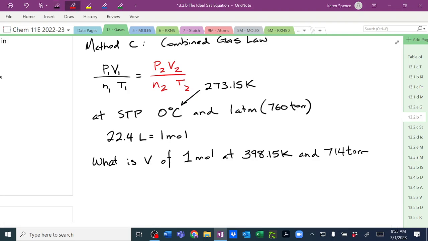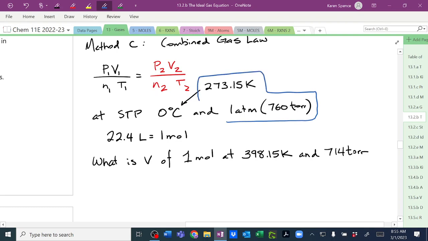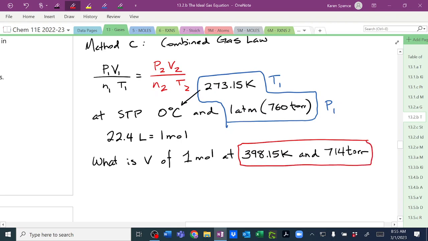Okay, so we have P1 and T1, and we have temperature 2 and pressure 2. We have STP, which is going to be P1 and T1, and we have P2 and T2. Both of them are going to be 1 mole, so we can actually get rid of the n term.